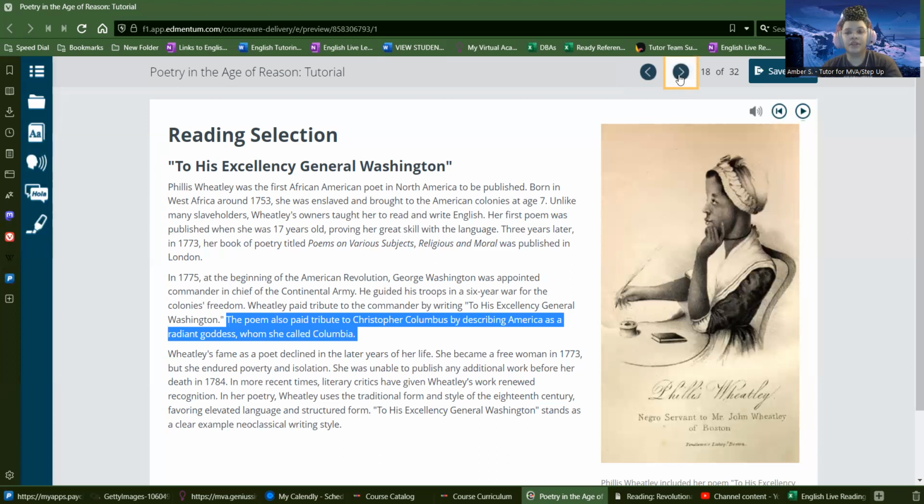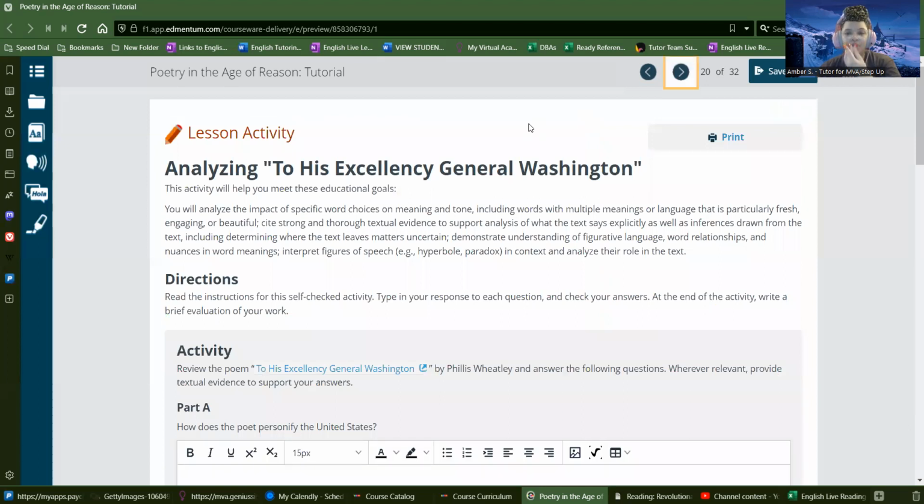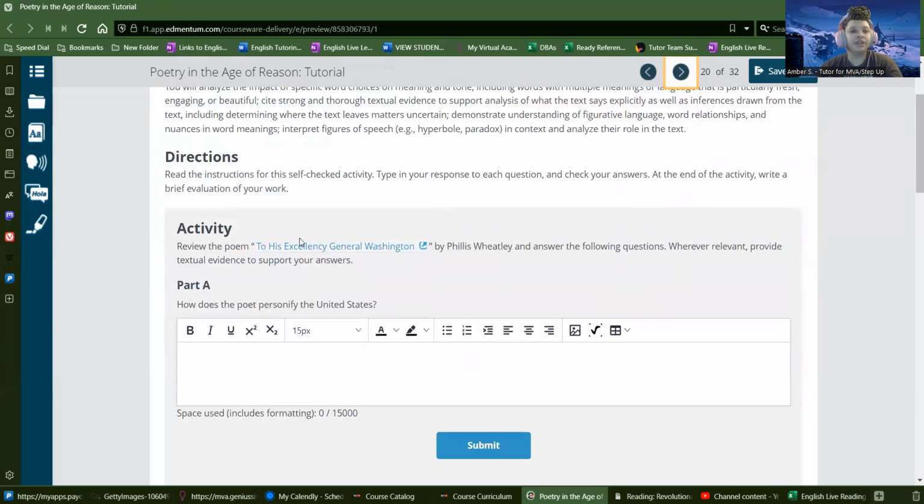Speaking of the lesson activity, I do want to actually go over some of these questions before we open up the text. It's important to know what questions you have to answer. Now, if you're going through this text the first time, like if you're going through the tutorial for the first time, don't worry. They give you the link to this poem.